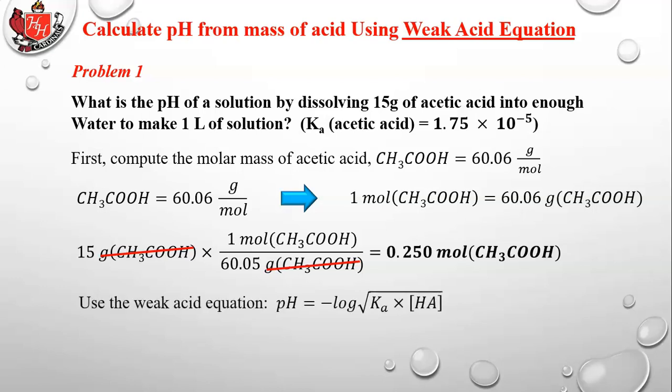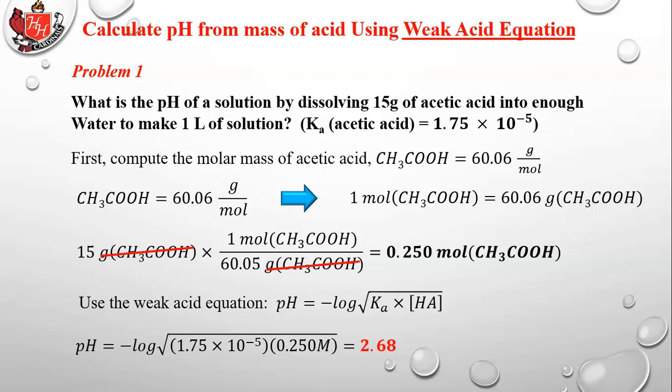So now you can use the weak acid equation. And now, since there's 1 liter of solution, 0.25 moles of acetic acid per 1 liter is going to be a molarity, a concentration of 0.25. So the number value doesn't change. So there we go down to the bottom and we plug it into the weak acid equation.